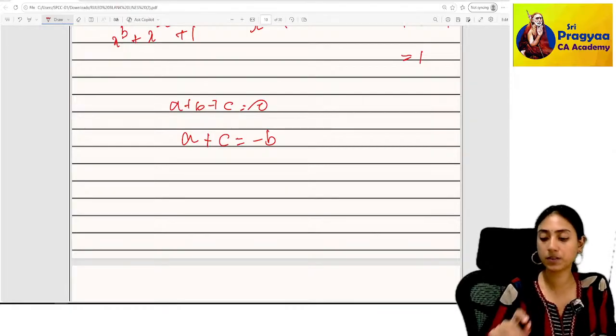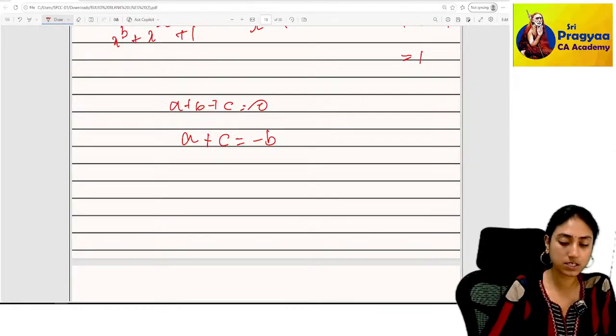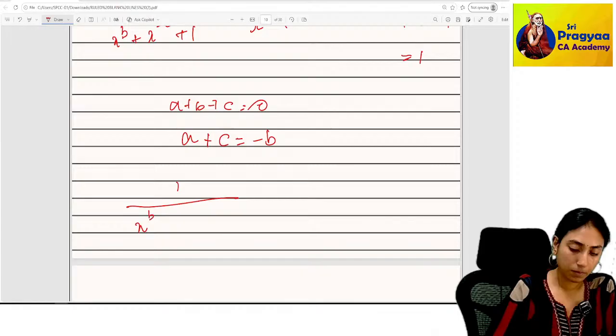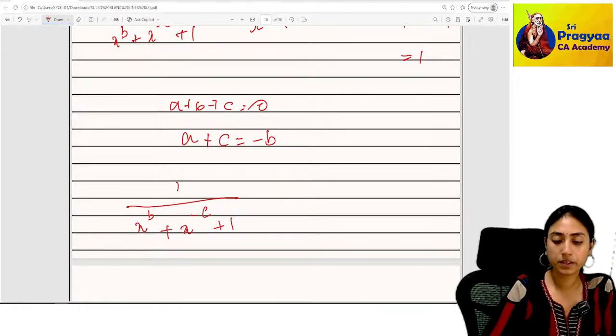Okay, now I will take only the first term. What is the first term? 1 by power b plus x to the power minus c plus 1 into x power minus b.